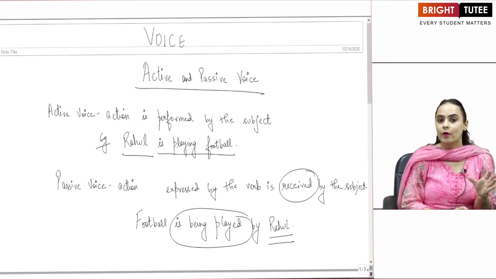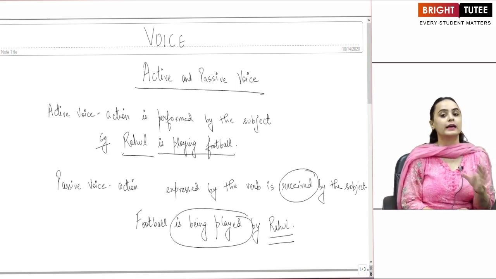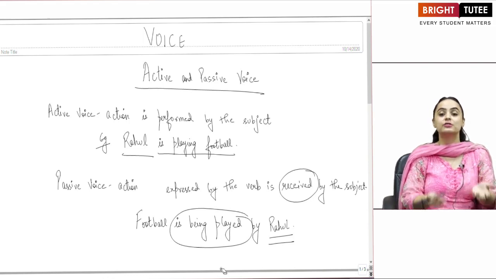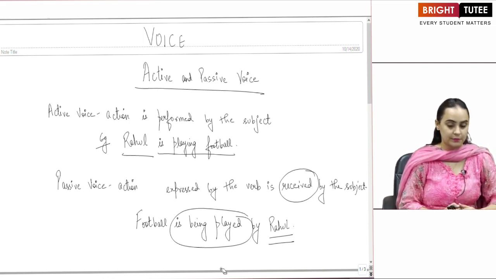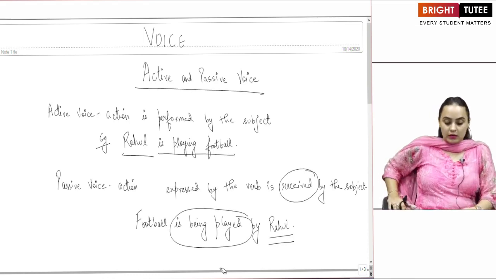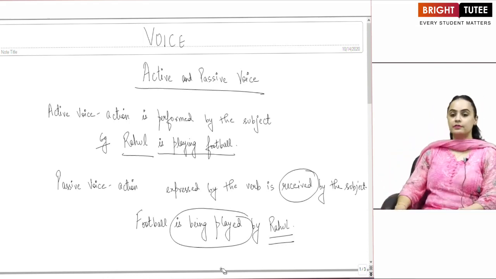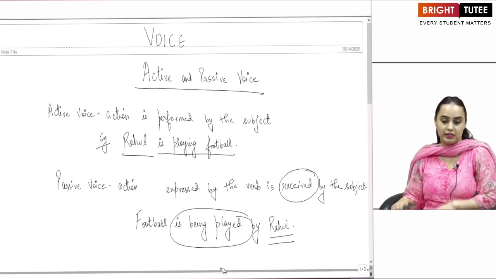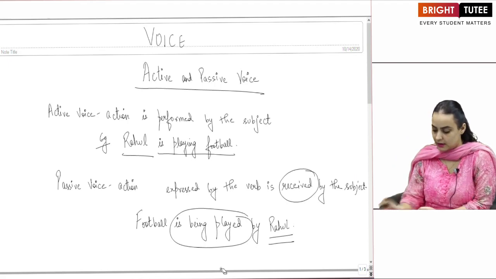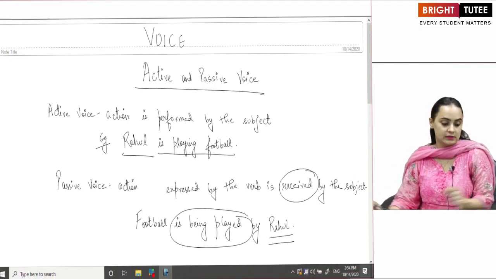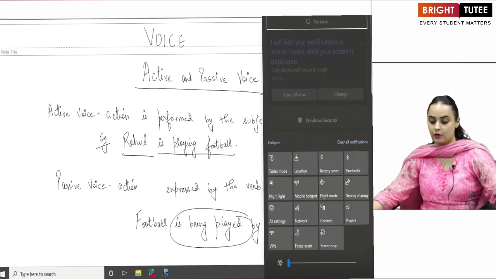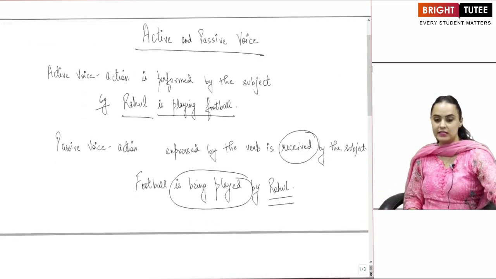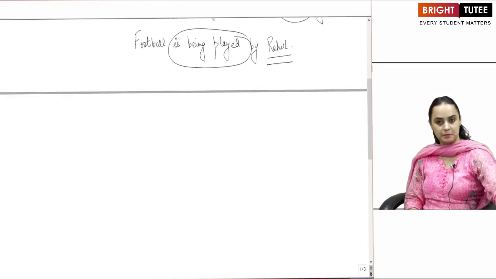In active voice, the action is performed by the subject, and in passive voice, the action is received by the subject. Now, when we are talking about the active and the passive voice, the first and the most important thing that needs to be kept in mind is the rules that ought to be taken care of when teaching or studying this topic of active and passive.